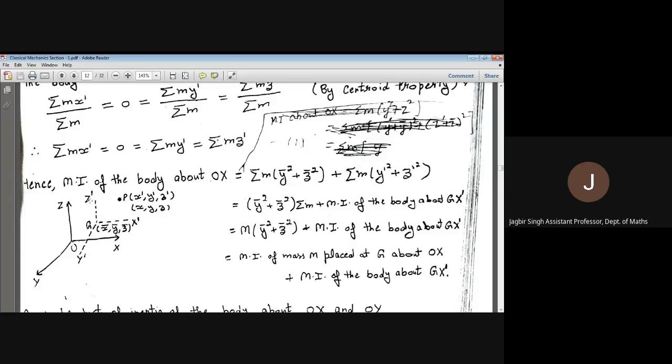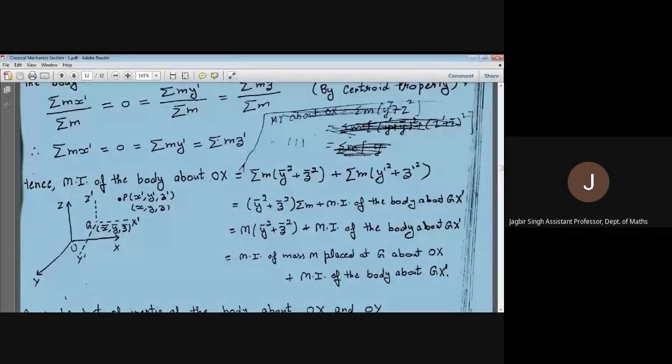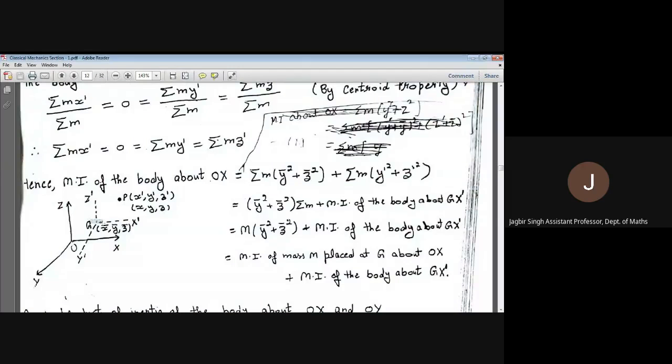Okay, so let me tell you what we did. We were to find out the moment of inertia of the body about OX, about this axis. What we did, we assumed that the whole mass is at the center of gravity, the whole mass is at this place, and we obtained the moment of inertia of this point about OX.